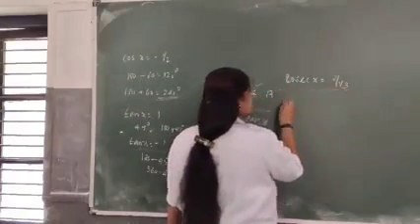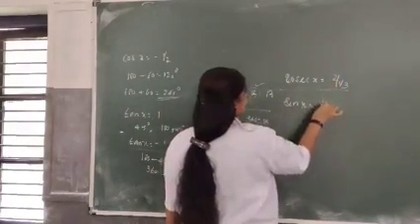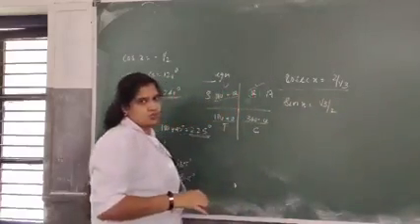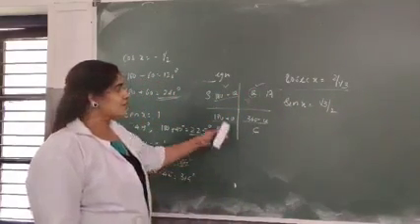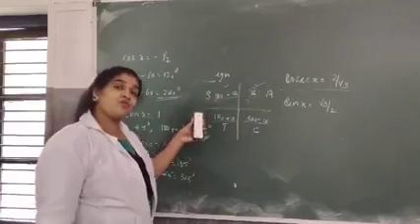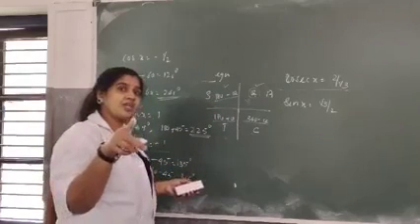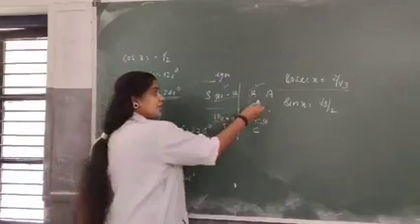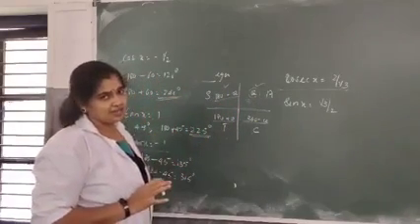Cosec x equal to 2 by root 3 implies sine x equal to root 3 by 2. It is positive, so the quadrants are first and second. Sine of which angle is root 3 by 2 from the table? 60. Our answer is 60 and 180 minus 60.